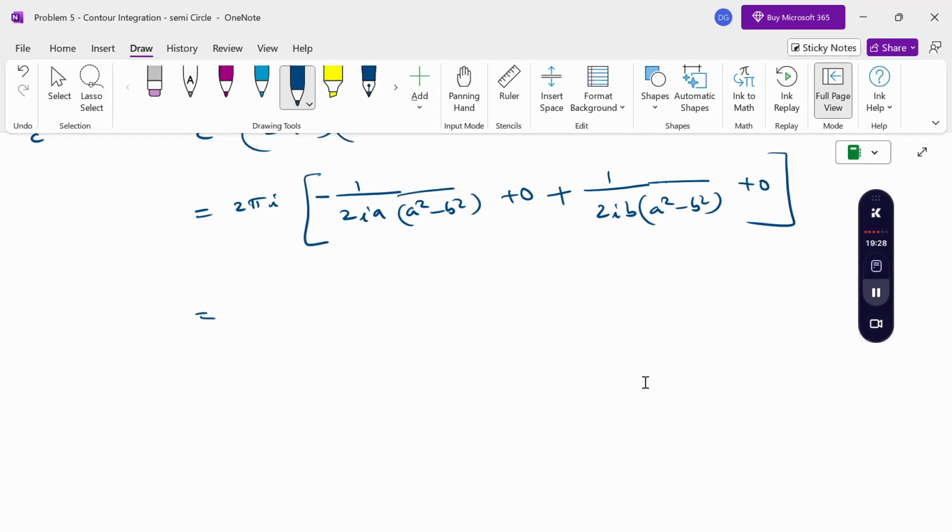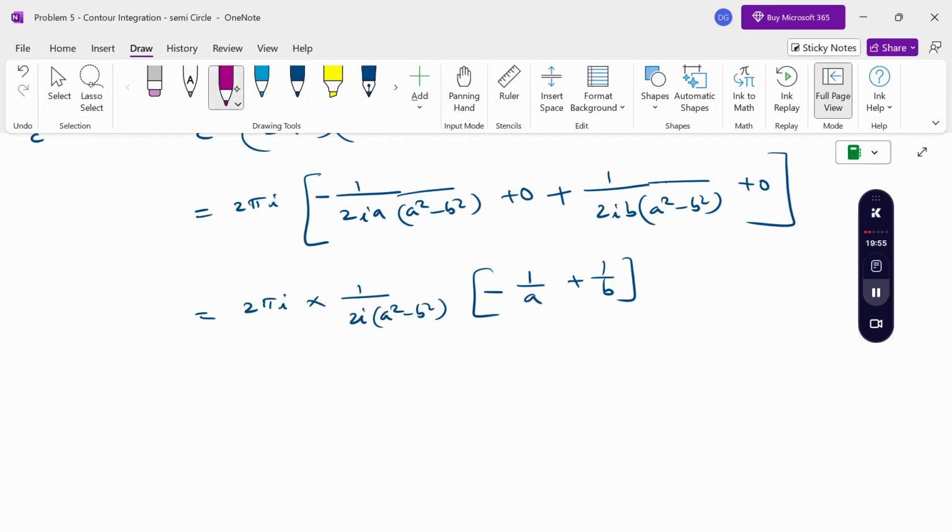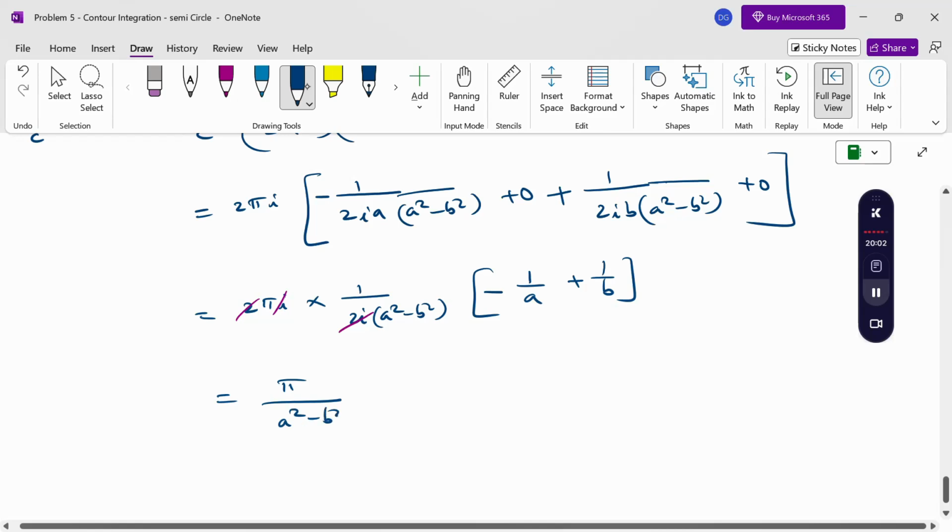So to take the common term 2 pi i, here 2i is common, I am taking out 1 by 2i, then a square minus b square common I am taking out, so here minus 1 by a plus 1 by b. So this term 2i cancels, therefore pi by a square minus b square.